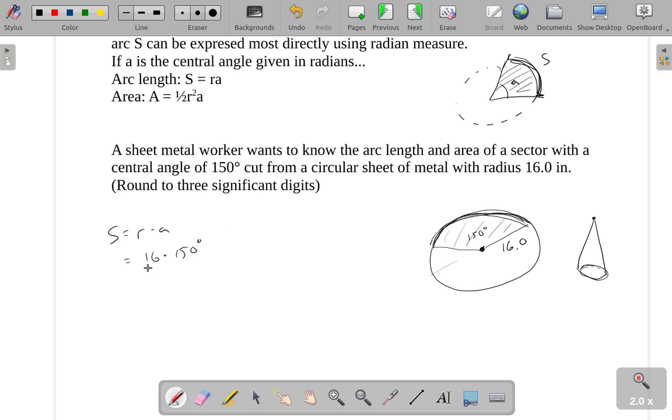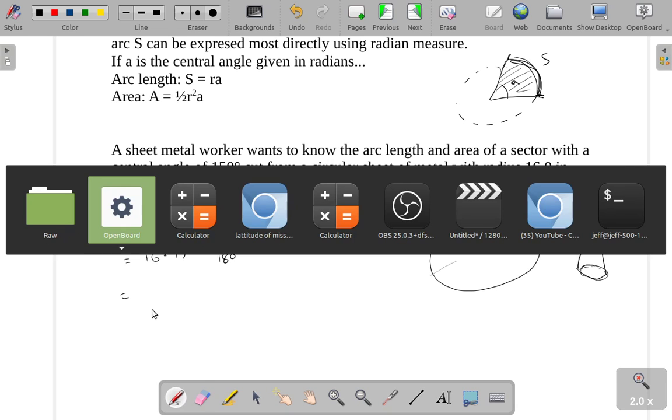So this 150 degrees is not unitless. Degrees are definitely a type of unit. So I'd want to cancel out 180 degrees with pi radians up here. That means the degrees cancel with the degrees, and the radians kind of go away. They're not really a unit. So I can just do this.